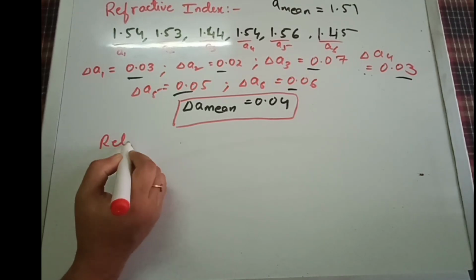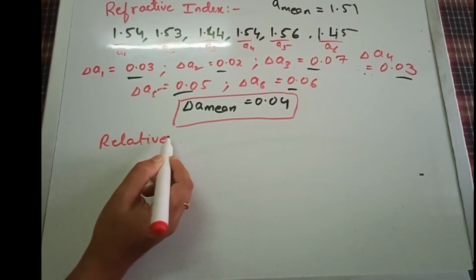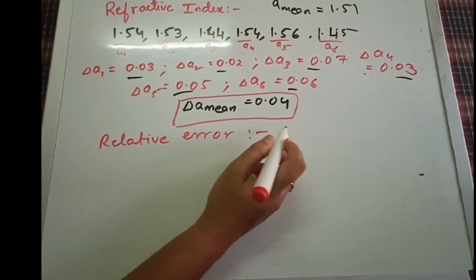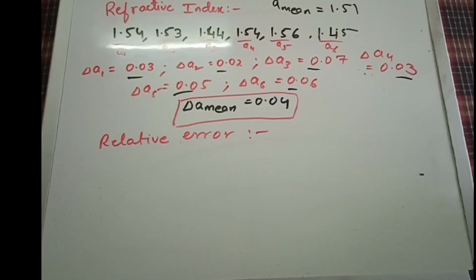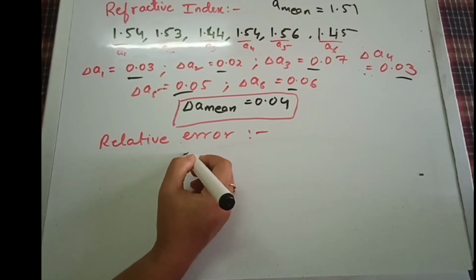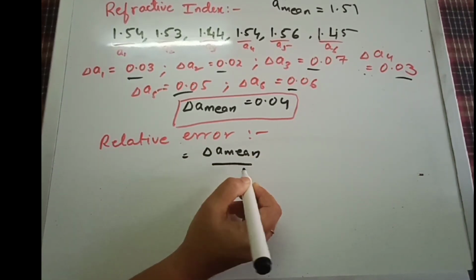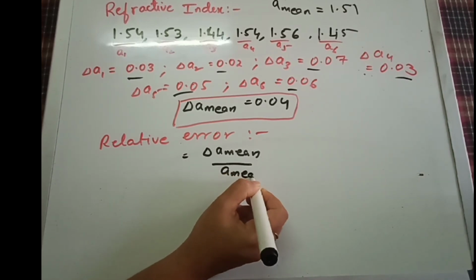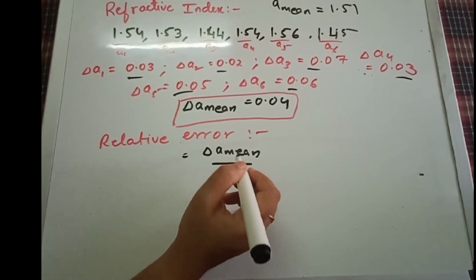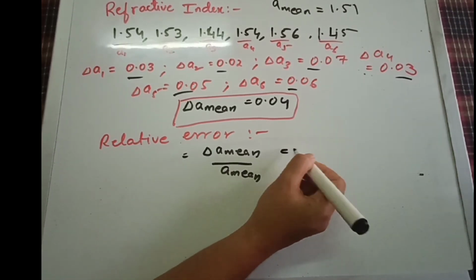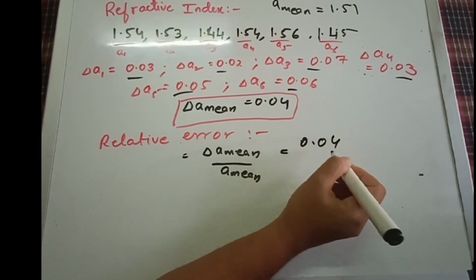So next is relative error. This is very easy. Relative error is the ratio of mean absolute error to the actual value, the true value, meaning the arithmetic mean, which is delta A mean absolute error divided by A mean, which is the true value. So both the values are directly there in front of you. Delta A mean is 0.04 and A mean is 1.51.